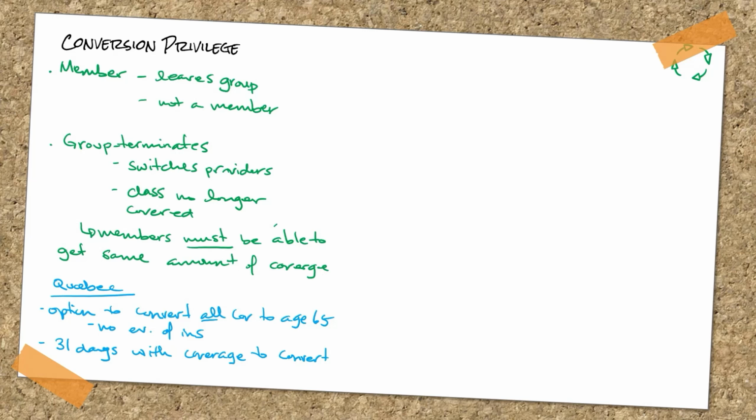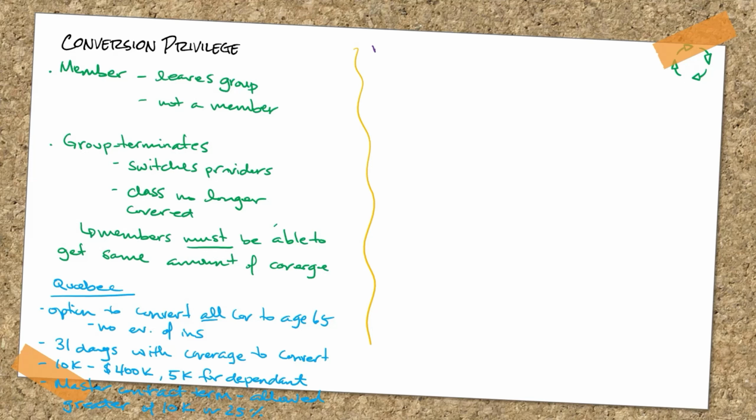They can convert anywhere between 10K to 400K of the contract, and they must have at least $5,000 of dependent coverage. When the master contract is terminated, the members are allowed to convert whichever's greater, $10,000 or 25% of their coverage.